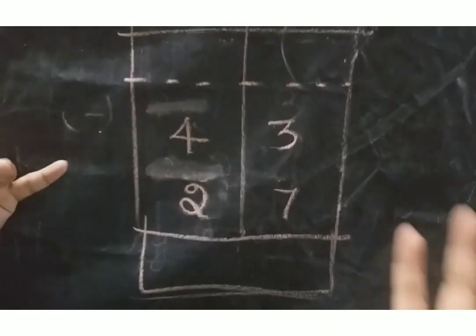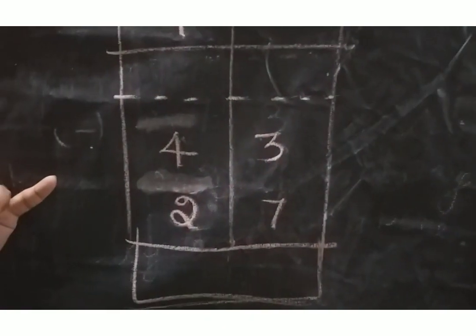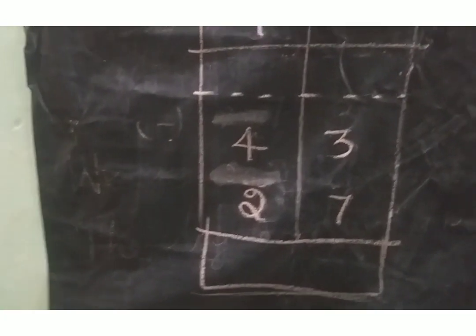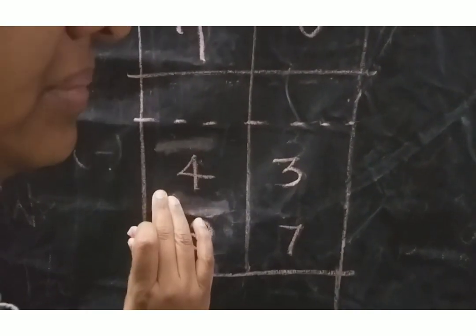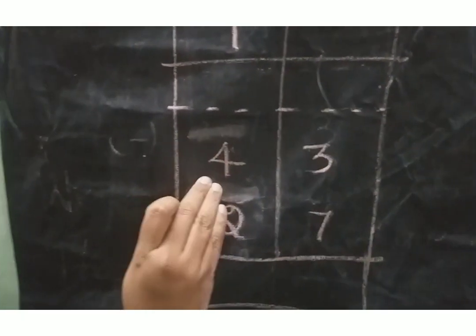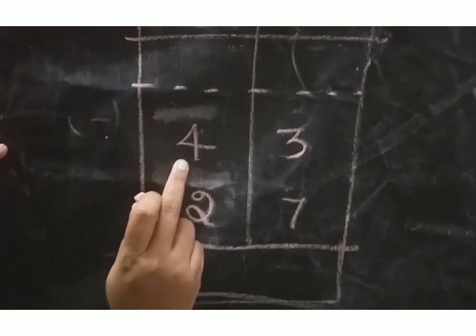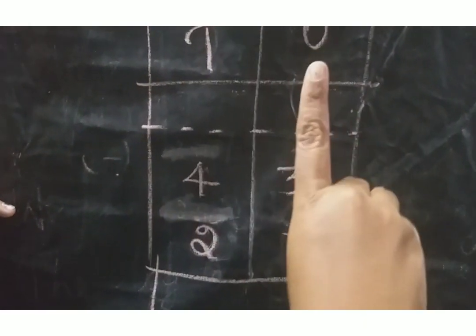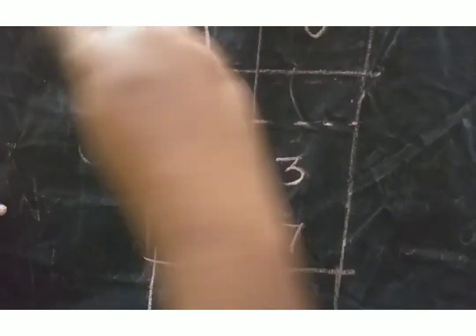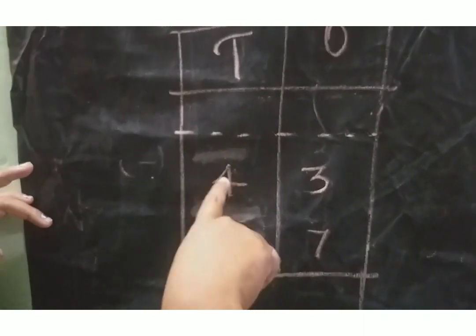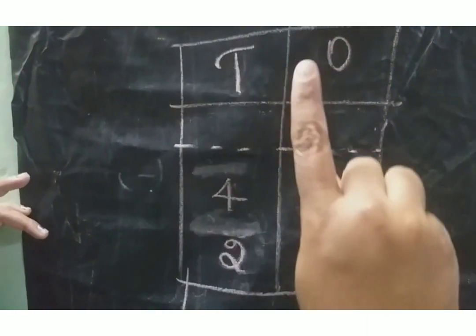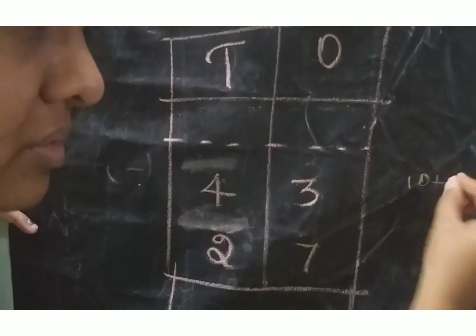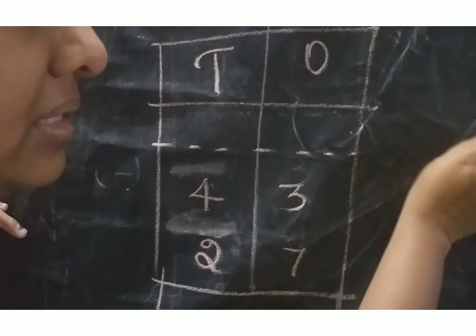So we have to borrow from the nearest place. Here there are 4 tens. We borrow only one, that means 1 ten. 1 ten means 10 plus 3, 13, isn't it?